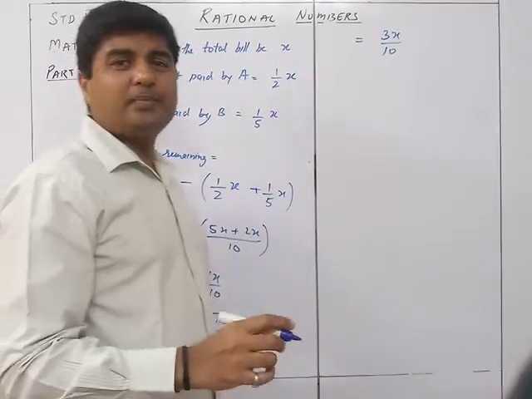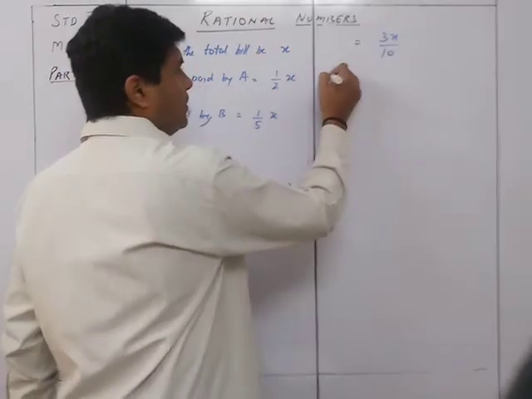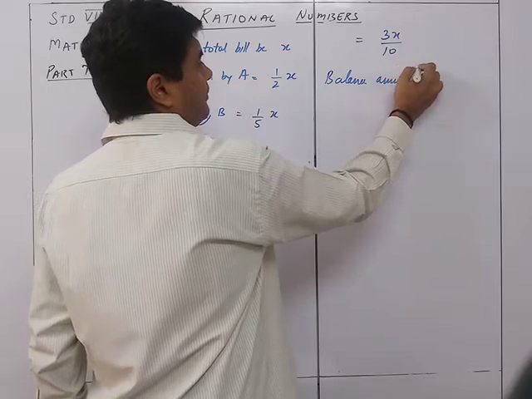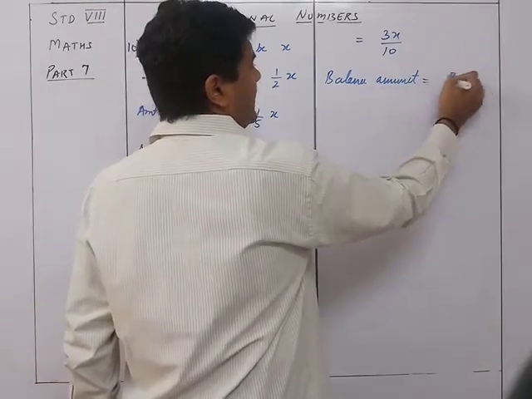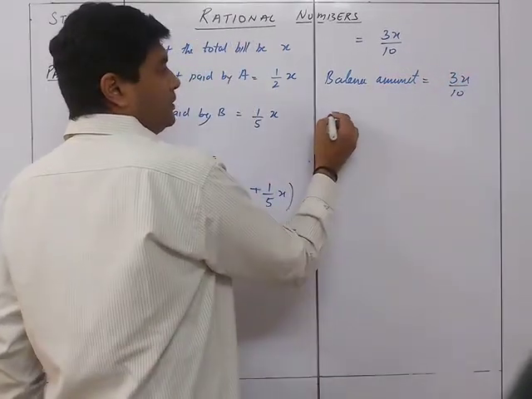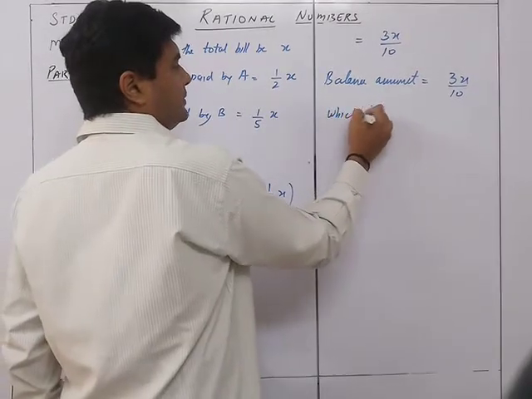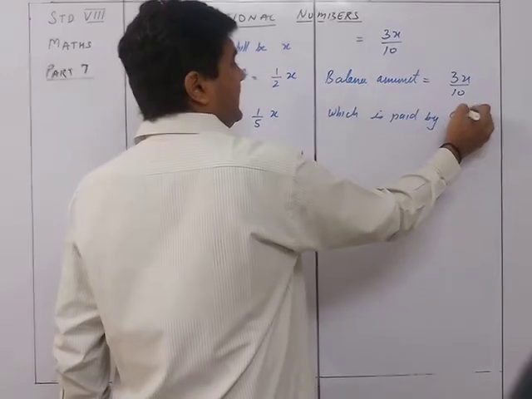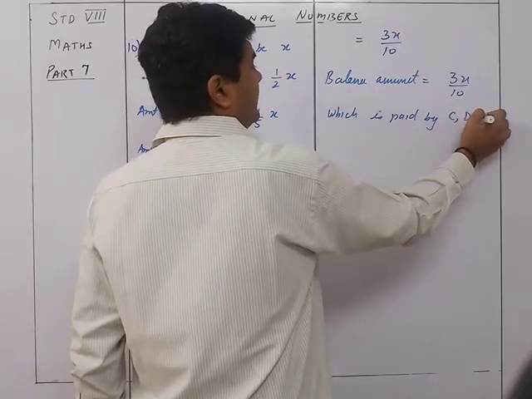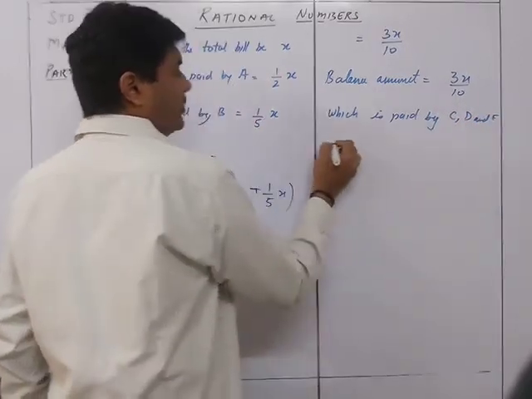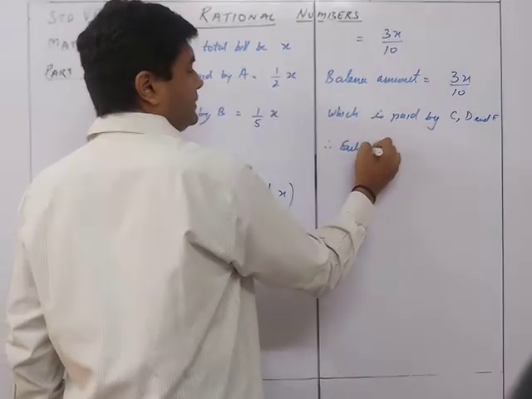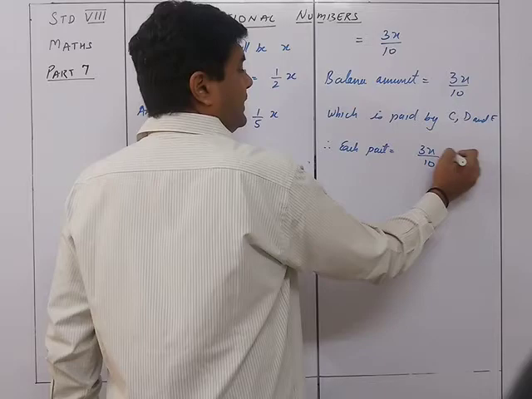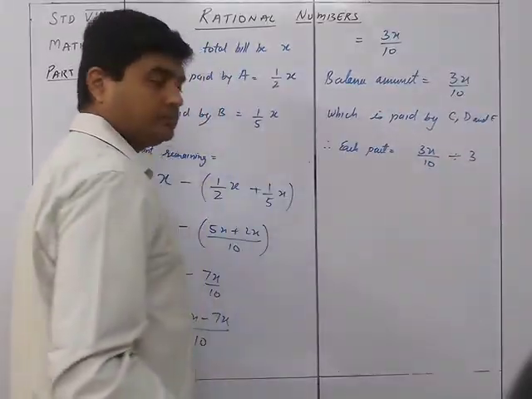So that means 3X upon 10 is the balance amount, which is paid by C, D and E. Therefore, each part is equal to 3X upon 10 divided by 3.